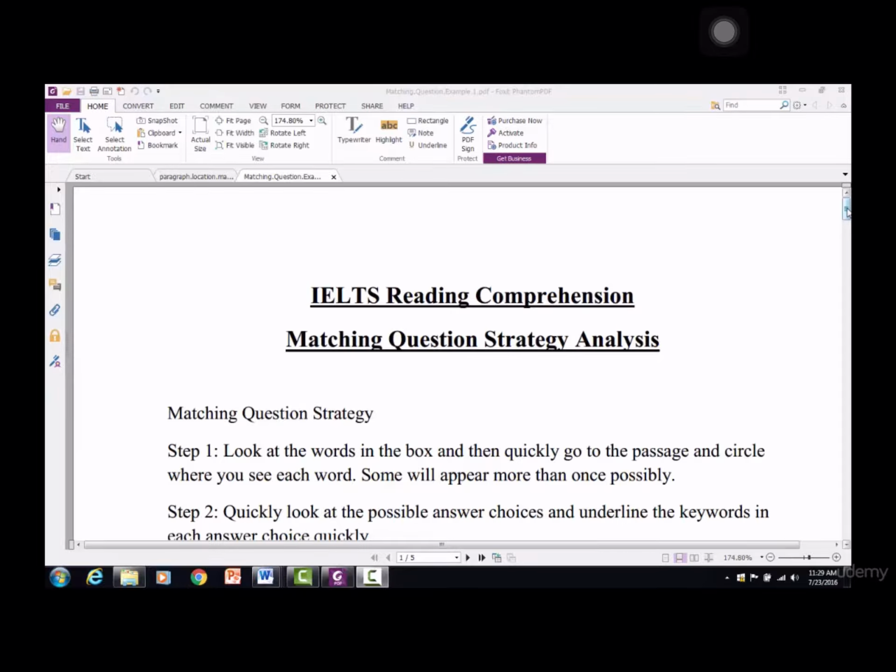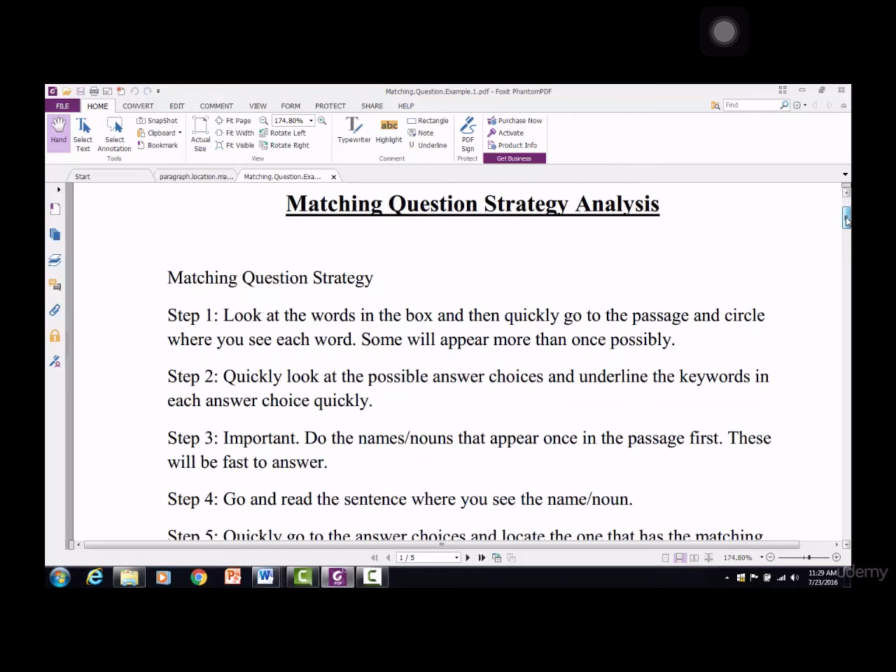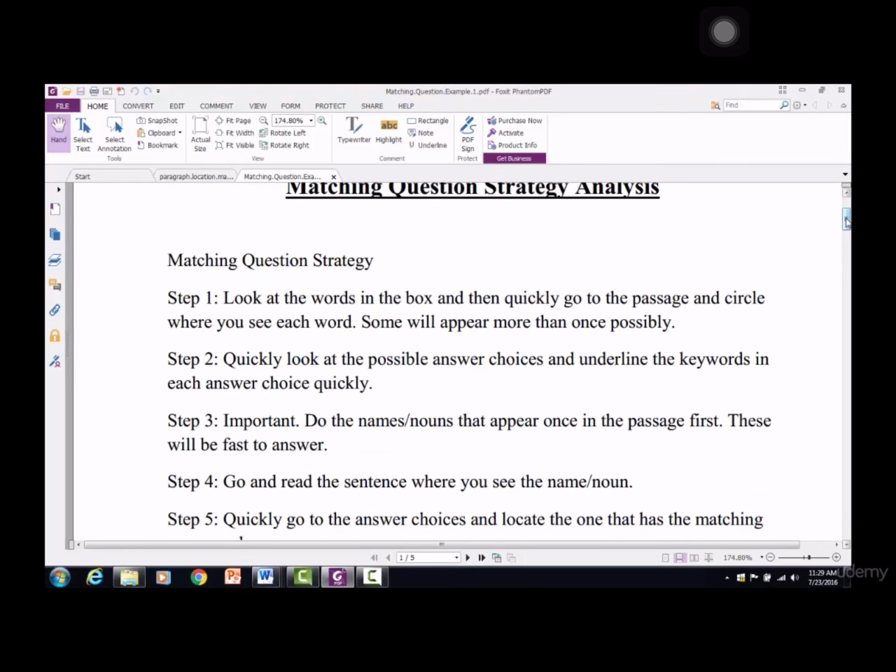Okay? All right, and as you know, with our basic strategy, we have to look at the words in the box and then quickly go to the passage, and we can circle where we see each word. Some might appear more than once. The second thing you can do is to look at the possible answer choices and underline keywords, which might help you to be able to choose an answer much faster. I think it's very important in terms of step 3 to do your names or nouns that appear once in the passage first, because they'll be faster to answer.